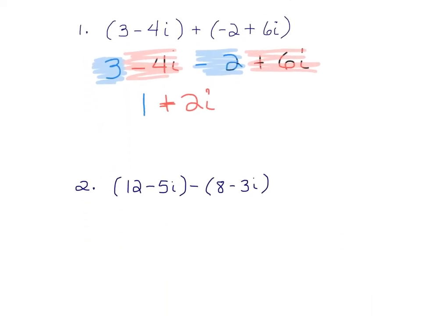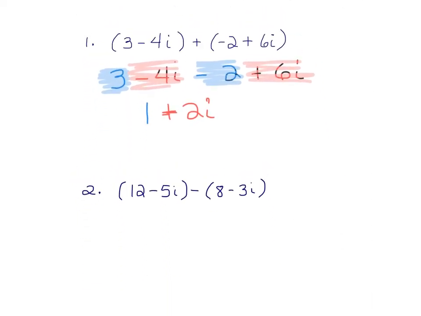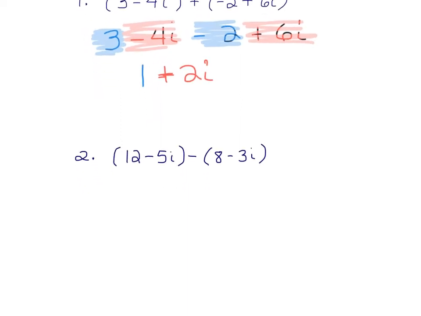Example 2. Notice the sign in between the complex numbers is a subtraction sign. Before I can begin subtracting, I need to distribute that sign to the second complex number. So I'm going to rewrite my problem distributing the negative sign. I get 12 minus 5i minus 8 plus 3i, because negative negative becomes positive.